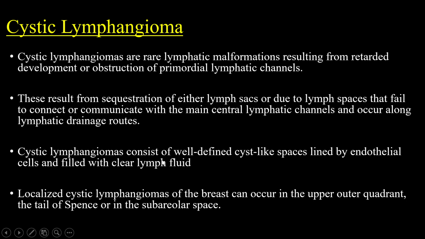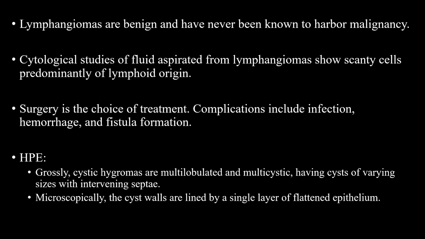Cystic lymphangiomas consist of well-defined cyst-like spaces lined by endothelial cells and filled with clear lymph fluid. Generally, localized cystic lymphangiomas of the breast can occur in the upper outer quadrant, the tail of Spence, or in the subareolar space. However, in our case, the lymphangioma was diffusely involving the left breast and extending up to the axilla.